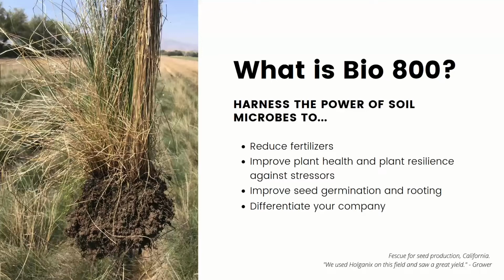It's all there for it. It's able to grow at a much faster rate, and it depends on the plant type, but we've seen pretty remarkable numbers there as far as how much faster germination and the percentage of germination that we would get with using the Bio 800 product.